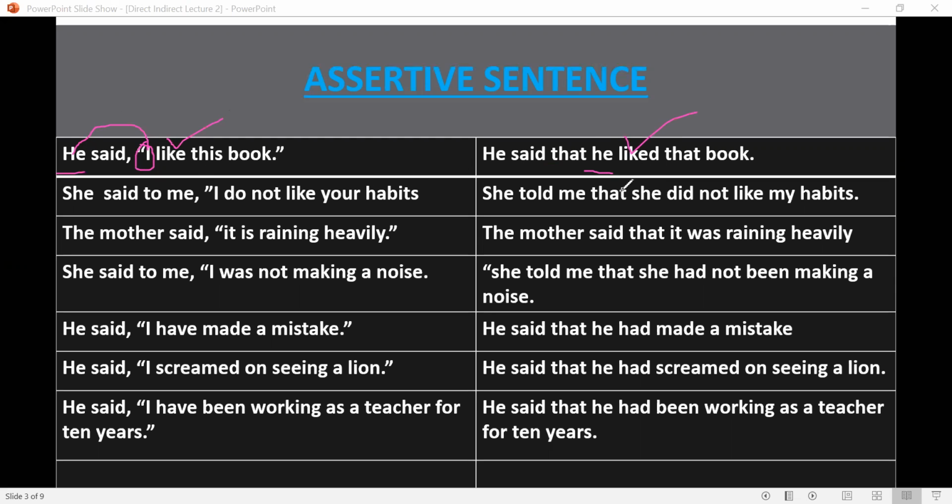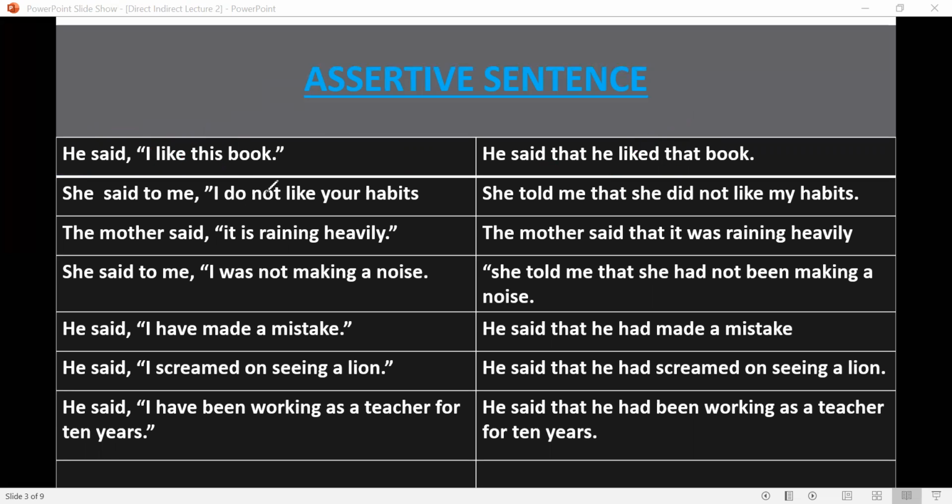Like has been changed into liked. This and these are the words which I have explained in my lecture 1. This changes into that. So, he said, I like this book. He said that he liked that book. Present indefinite changes into past indefinite.